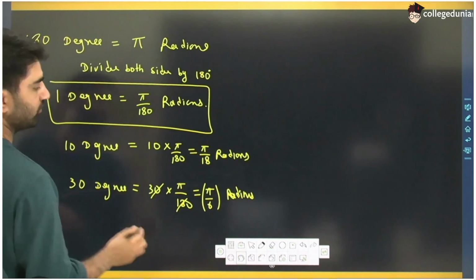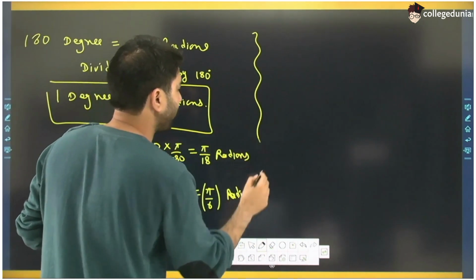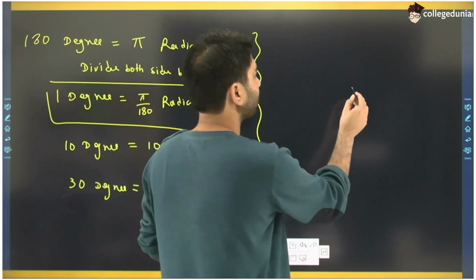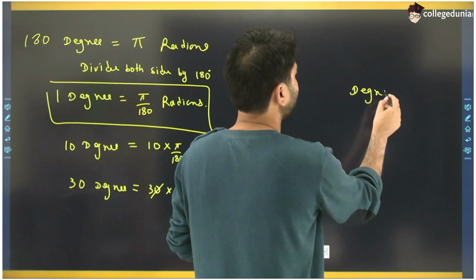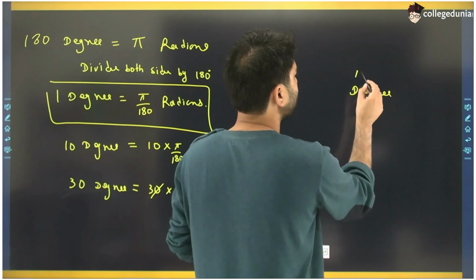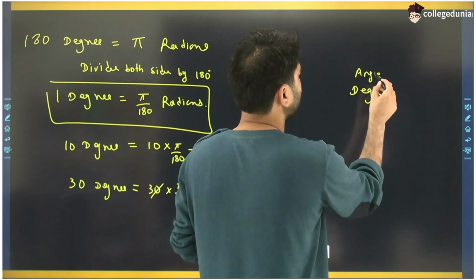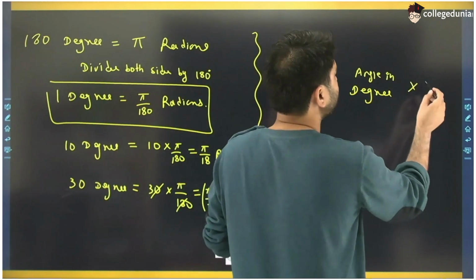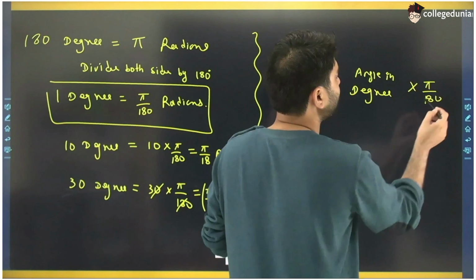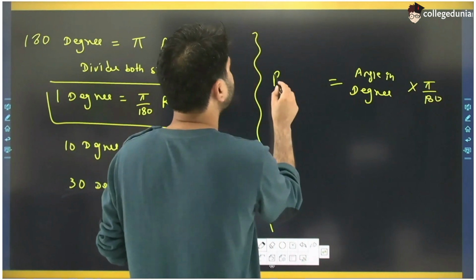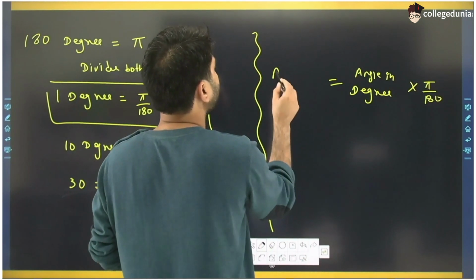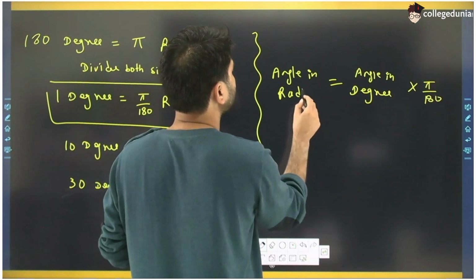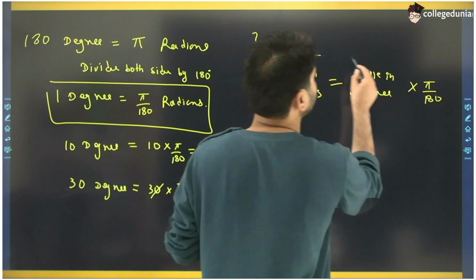So guys, now here comes a formula. Whenever an angle is given in degrees, we will simply multiply it by pi by 180 and we will get the angle in radians.